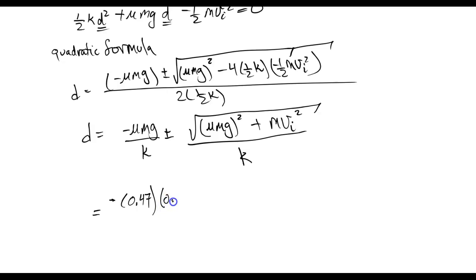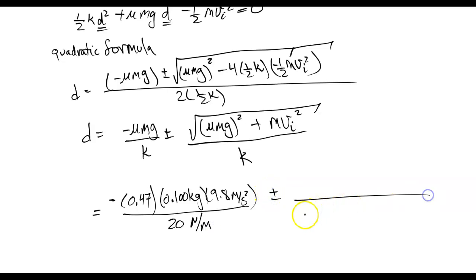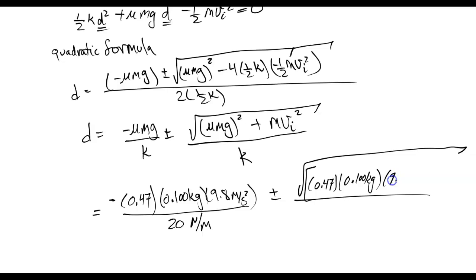The mass is 0.1 kilogram. g is 9.8 meters per second squared. k is 20 newtons per meter, plus or minus the square root of 0.47 times 0.1 kilogram times 9.8 meters per second squared, the whole thing squared, plus 0.1 kilogram.